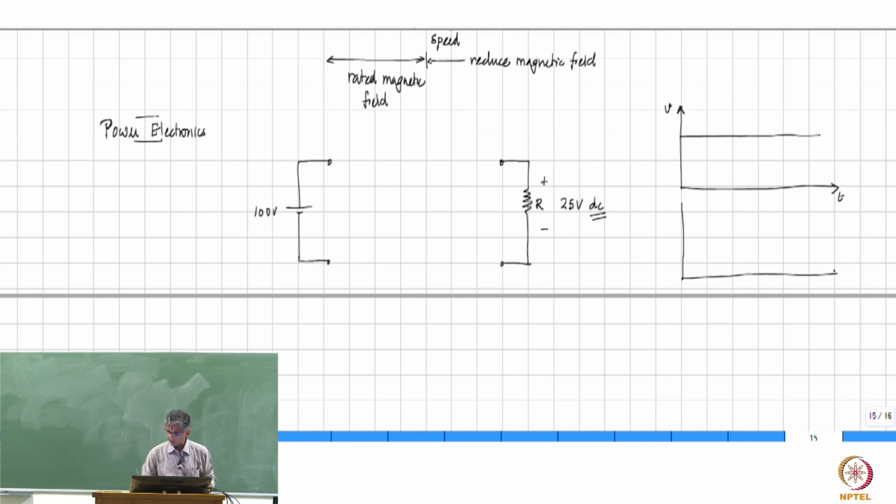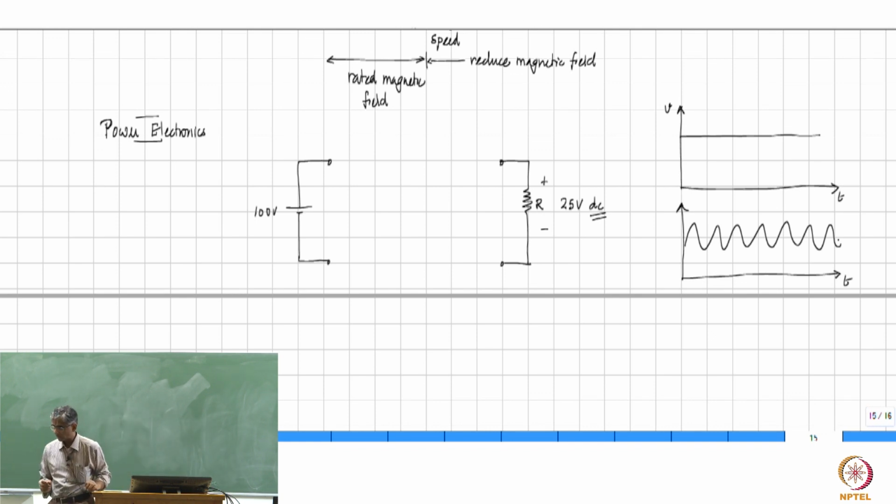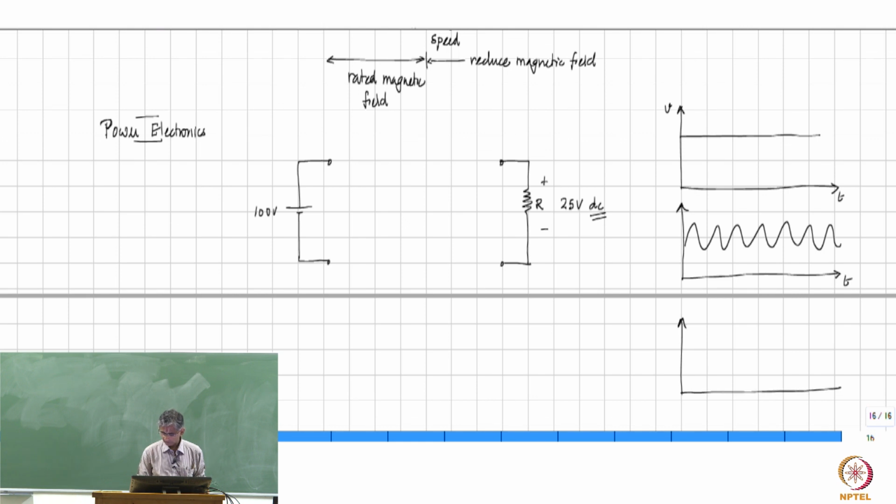Now I draw another graph. Is this DC? Why do you say that? It doesn't change polarity. Okay. Now I draw another graph.